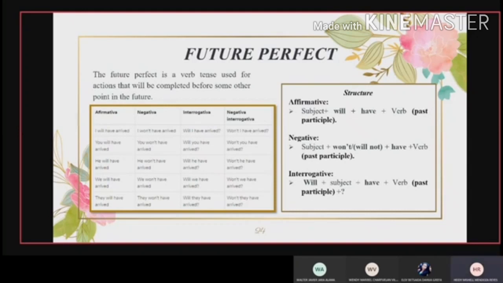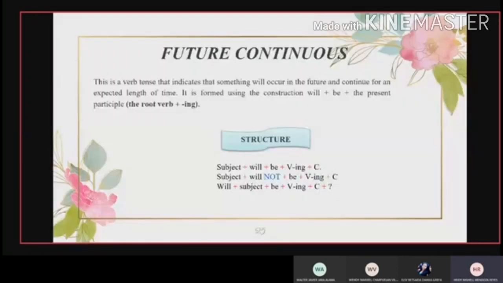Future continuous. The future continuous is made up of two elements: the simple future of the verb to be plus the present participle, the root plus ing, of the main verb. This is a verb tense that indicates that something will occur in the future and continue for an expected length of time. Its formal use is the construction will be.